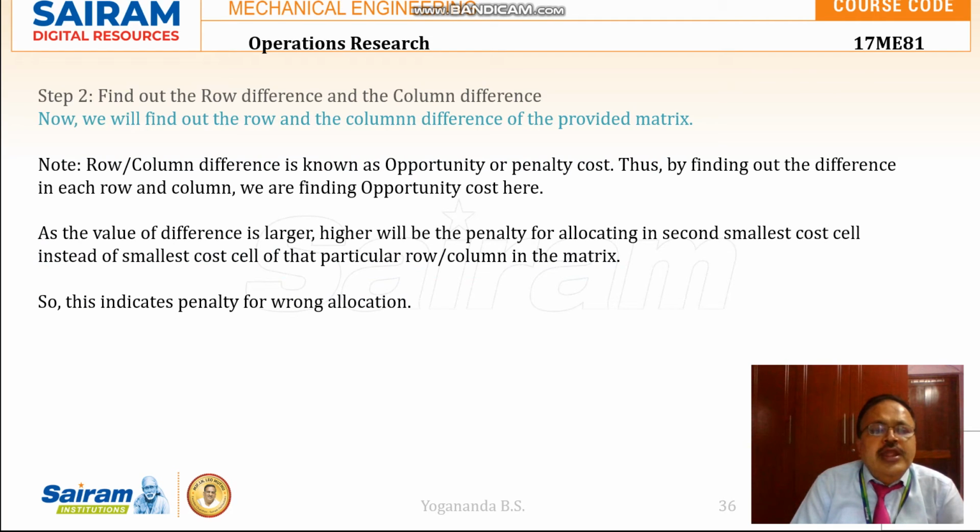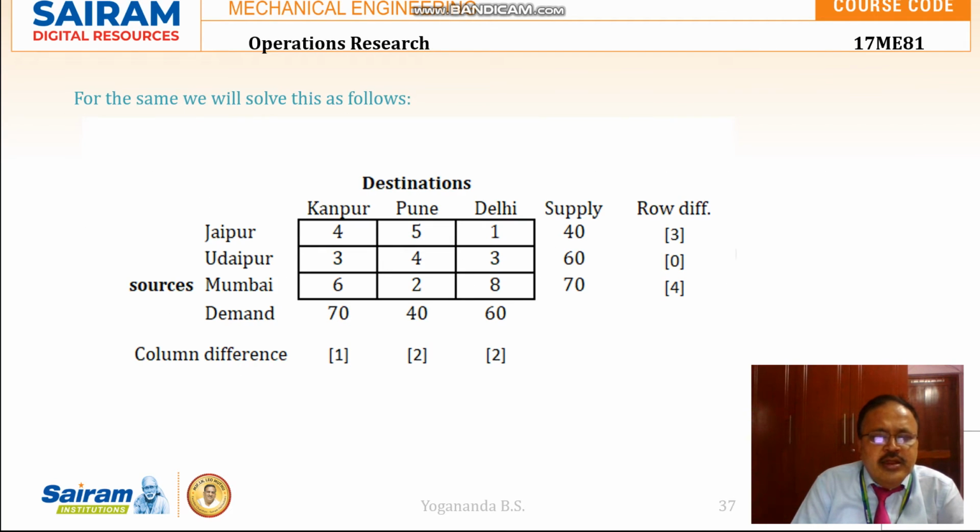Now we have to find out penalties row wise and column wise, by taking the row difference and column difference. So we'll see how to find the row difference and column difference. In each row and each column, take the first lowermost element and the next lower element, the next smaller element, and subtract each other.